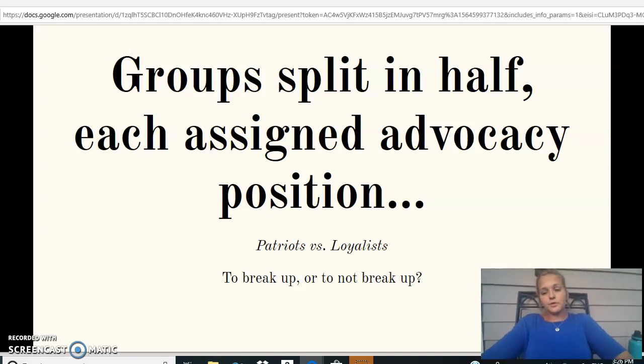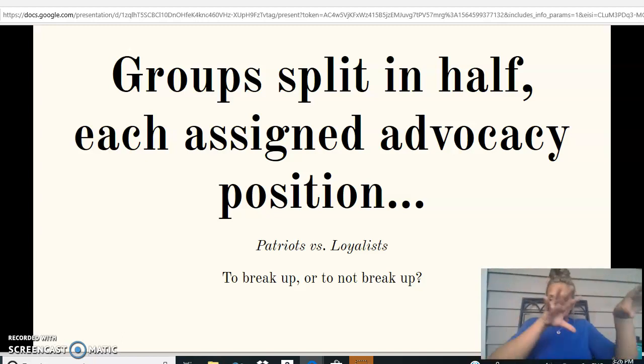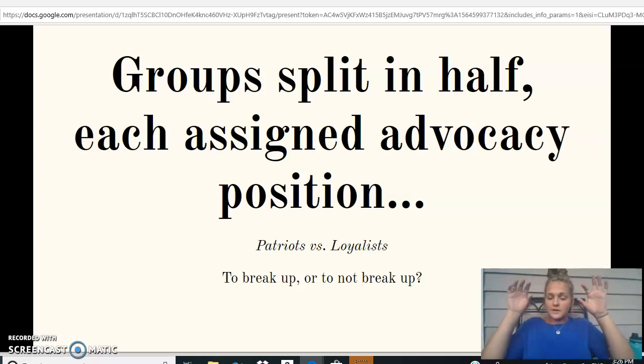So once you have your groups of either 4 or 6, the teacher, me, would split them in half. And each of those portions or pairs would be assigned an advocacy position. One of two things: you're either going to be a patriot or a loyalist. A patriot are the people who drafted the Declaration and those who supported it.